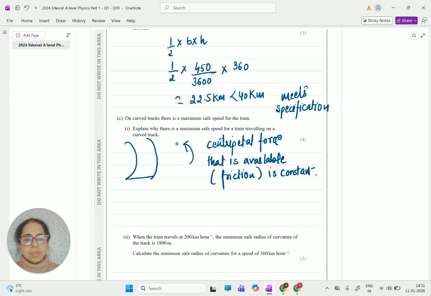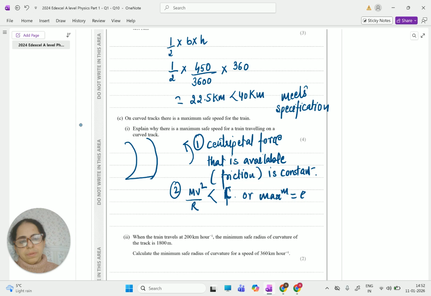So because this available centripetal force is constant, my mv squared by r should be less than the centripetal force, or at maximum it can be equal.